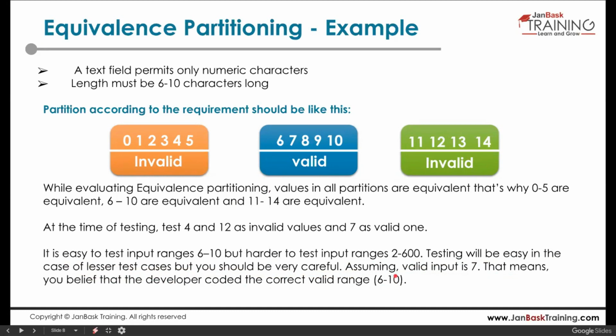If a range of 1 to 100 is given, it will not be easy to test all the values. At the same time, if you pick any one value from that range, you will not be confident on the application, because picking one value from 100 values does not give you confidence.